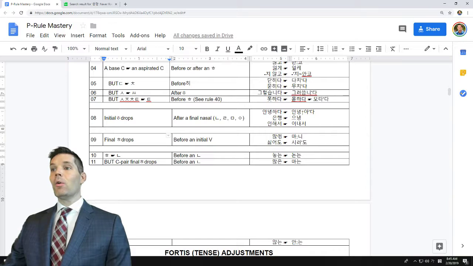So 많이, or 많이 if you do the long vowel. 싫어도. So 싫어도, right? An H sound here, 놓는.